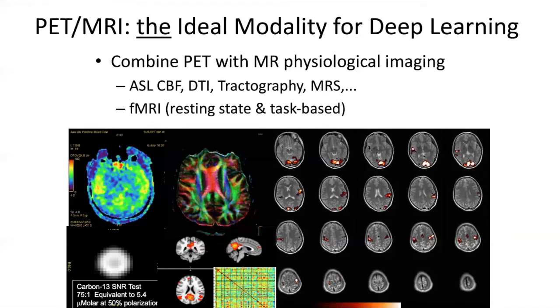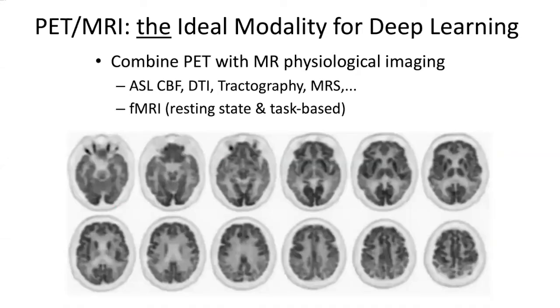Okay, I want to switch a little now to dose reduction. Dose reduction, I think of mostly in the area of PET, because I have been doing a lot of work in the area of PET MR over the last couple of years. I think it's really the ideal modality for a lot of these data-driven techniques because it allows us to acquire all of the different kinds of functional imaging that we can think of with MR and combine that with what is often a very difficult study to do, which is imaging of molecular receptors or metabolism available with PET.